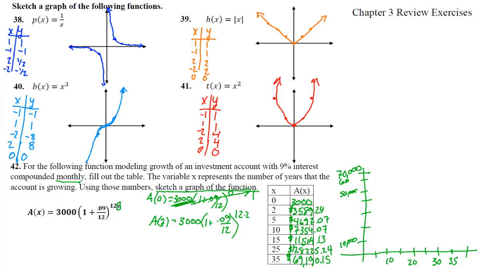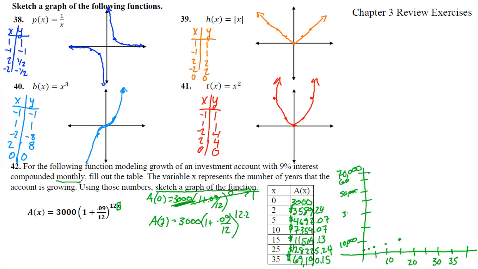So at 0, we're at about 3,000. 2 years, just barely above that. 5 years, we're almost $5,000. 10 years, we're at 7,000. 15 years, this doesn't appear to be growing very fast at all. So we're at 11,000, so at least we're above that number right there. And then 25, we're up at almost 30,000.